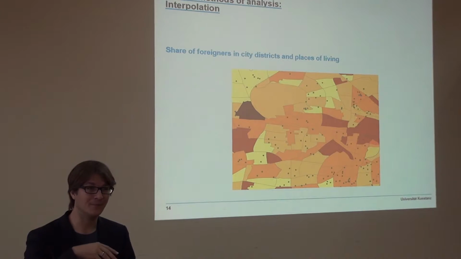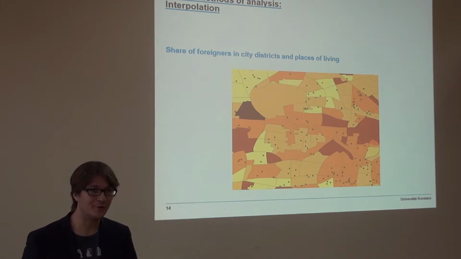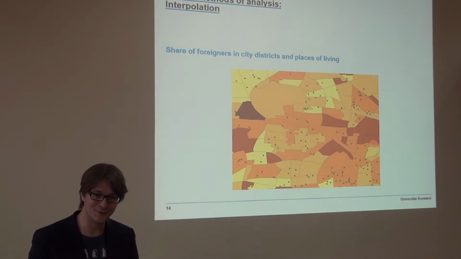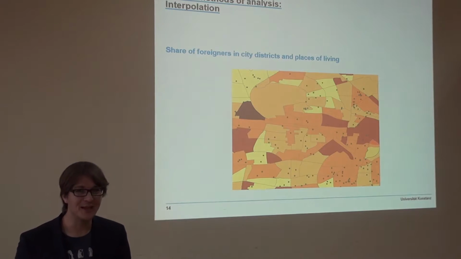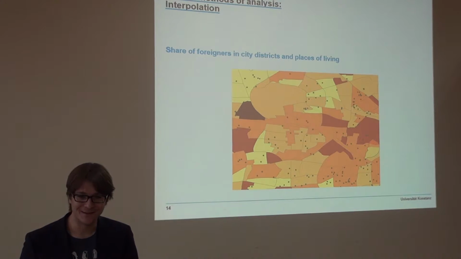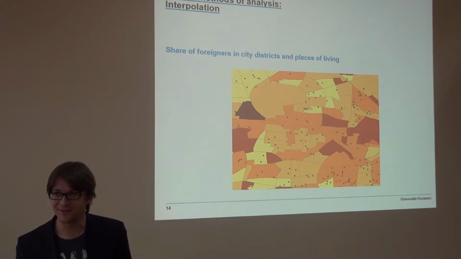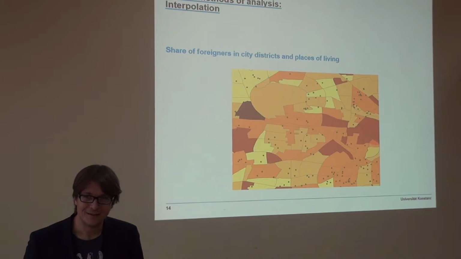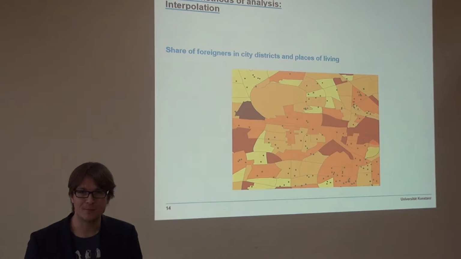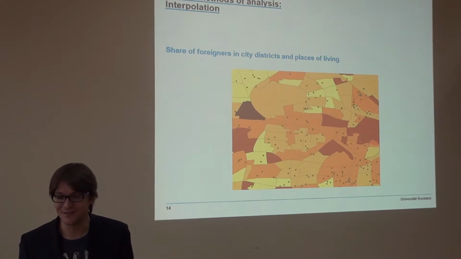They sent emails to landlords with an application for a flat, once with a German name and once with a Turkish name, and they looked at the answers. I think in 10% of the cases the German got an answer and the Turk didn't, and this is the rate of discrimination. And they had the idea that this discrimination can somehow be related to the place where the flat is in the city.